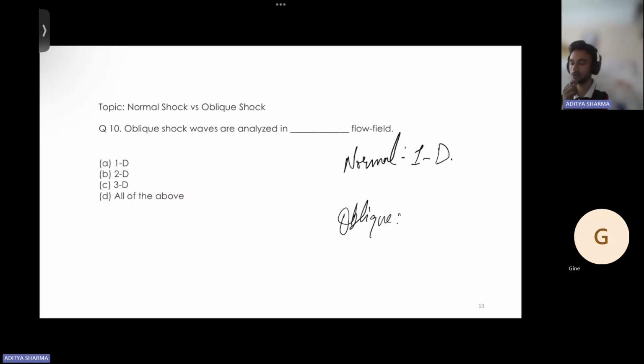So in that scenario, we add one more dimension in our analysis to complete the analysis. So option B is correct for this particular question.